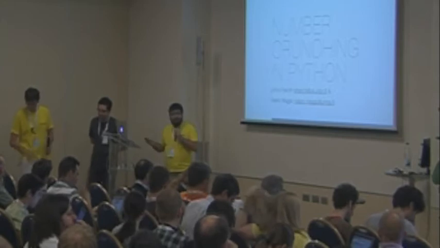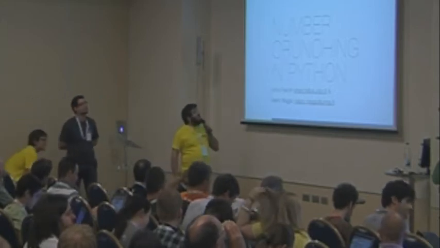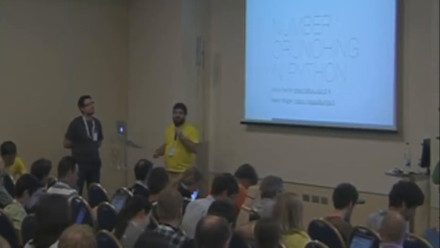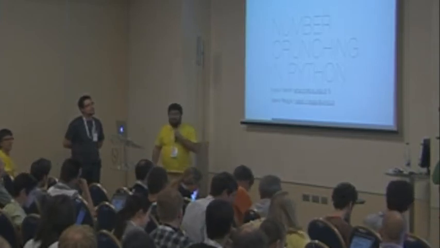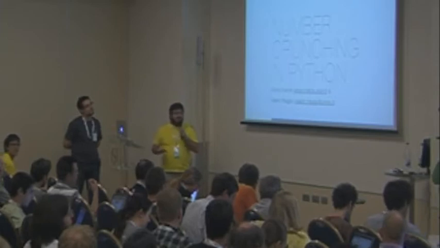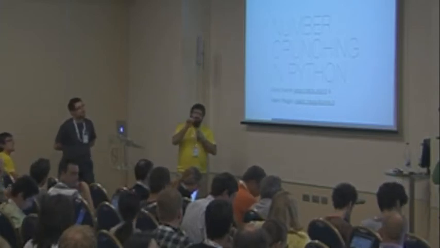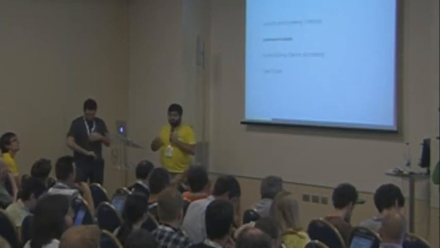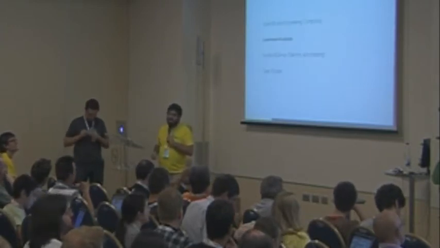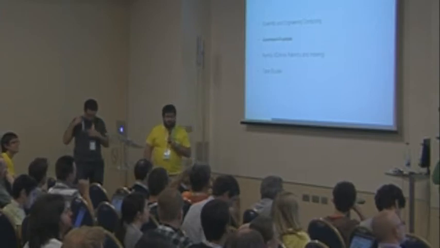So, we decided to do this presentation about number crunching in Python because we feel it is a great tool to do that kind of stuff, but sometimes it's hard to focus on some details about memory layout and that kind of stuff.